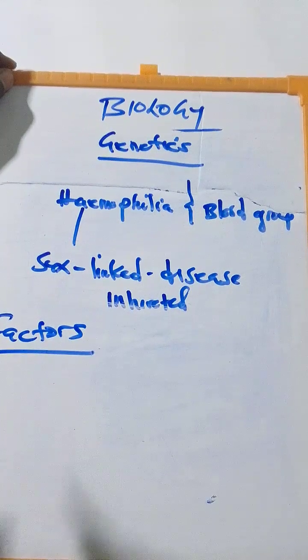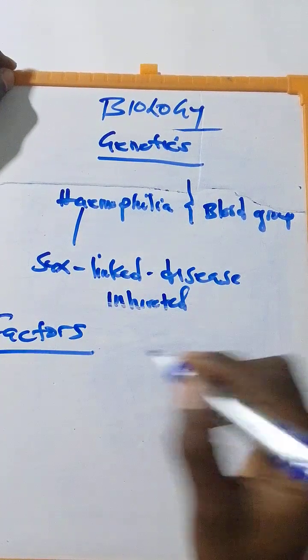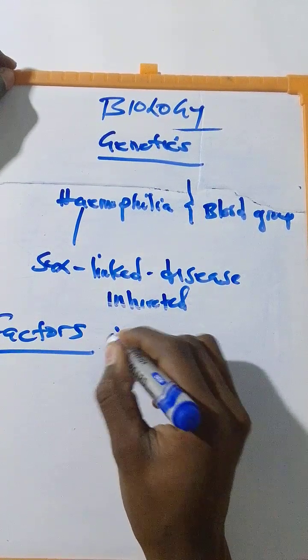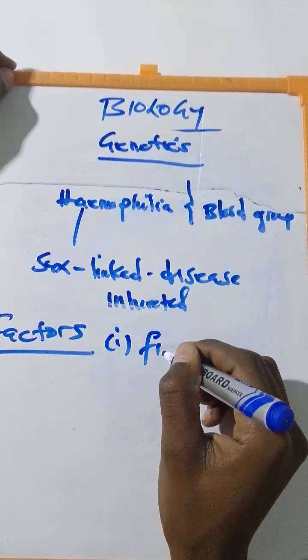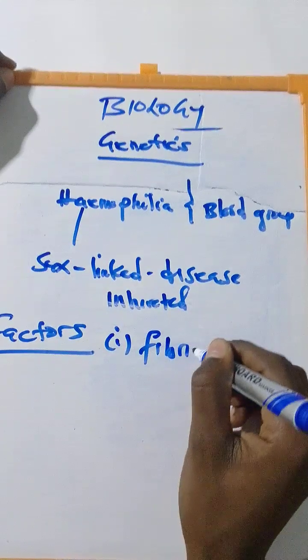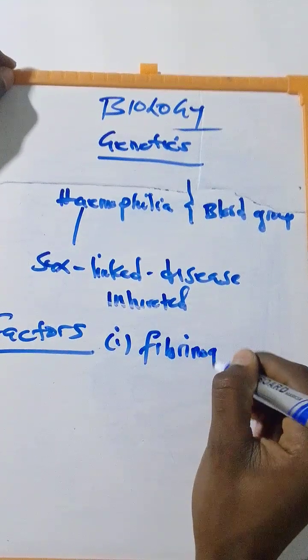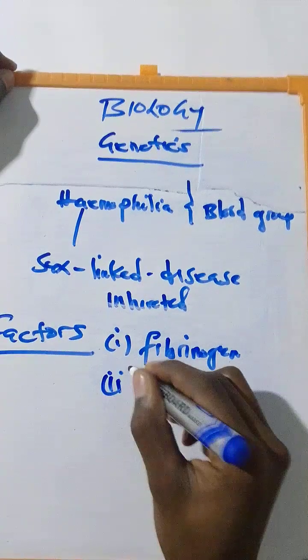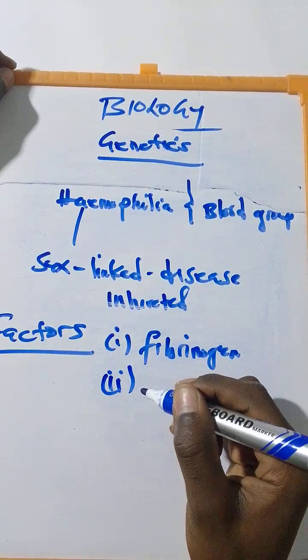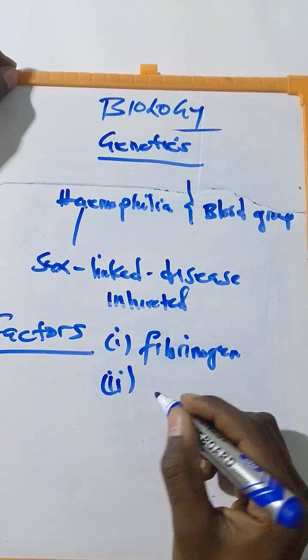Factors that cause hemophilia. One, we'll talk about fibrinogen. Fibrinogen is one of the factors. Then apart from fibrinogen, we also have what we call prothrombin.